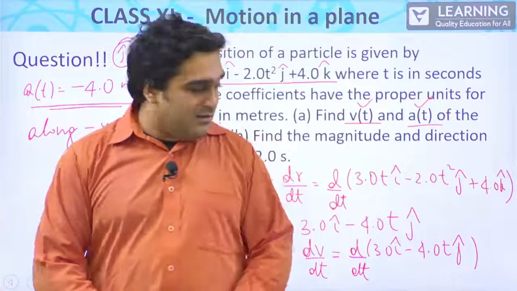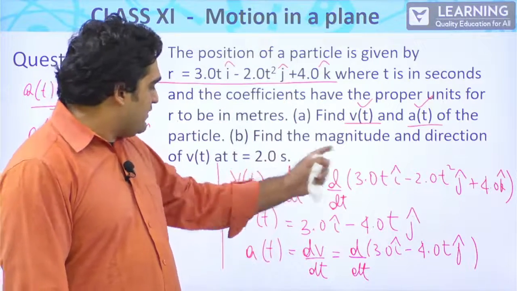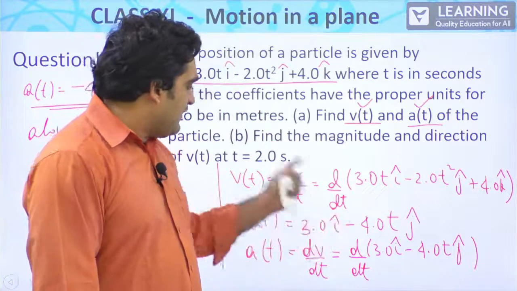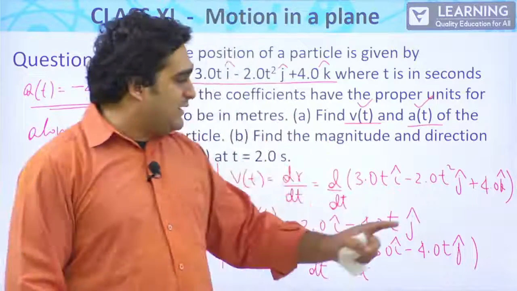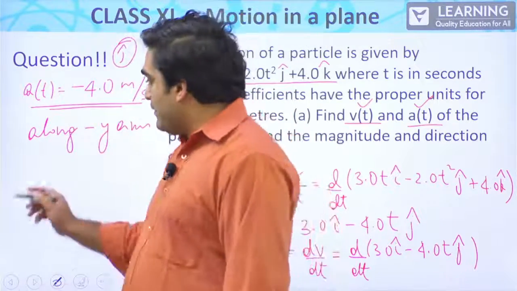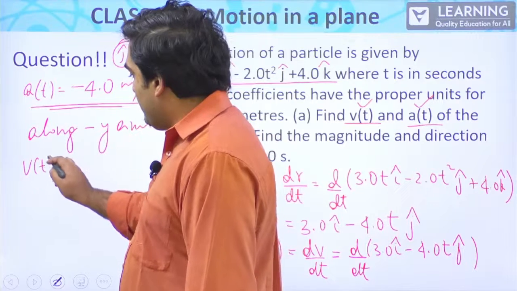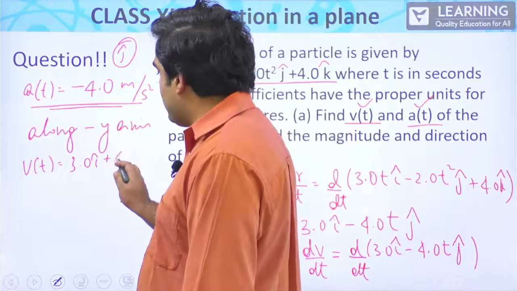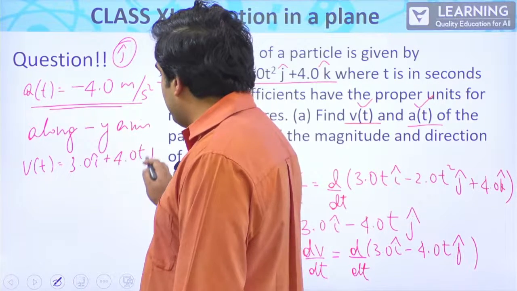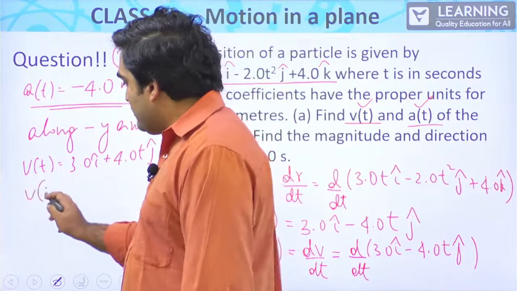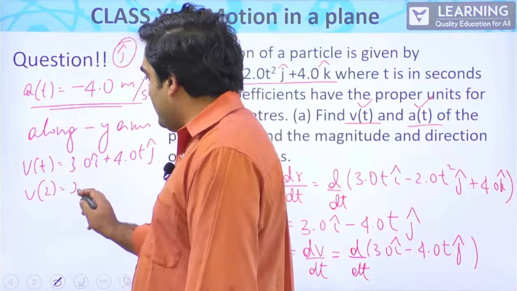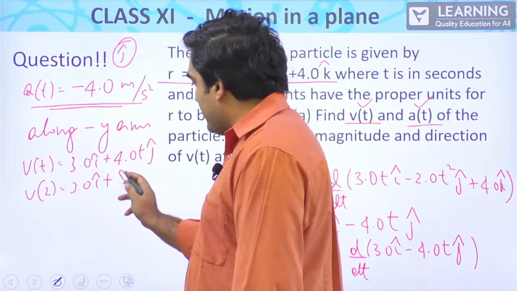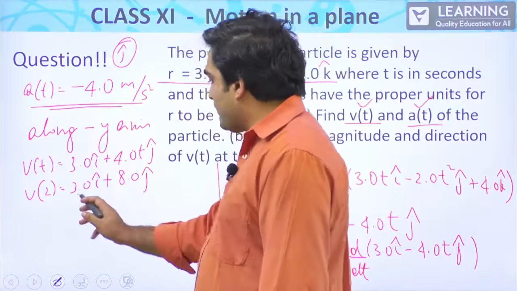Right, now the next part is to find the magnitude and direction of v of t. So now you have v, find the magnitude when time t is equal to 2 seconds. First we write that v of t is equal to 3.0 i cap plus 4.0 t j cap, and when you substitute 2 in place of t, you get 3.0 i cap plus 4 times 2 is 8.0 j cap.